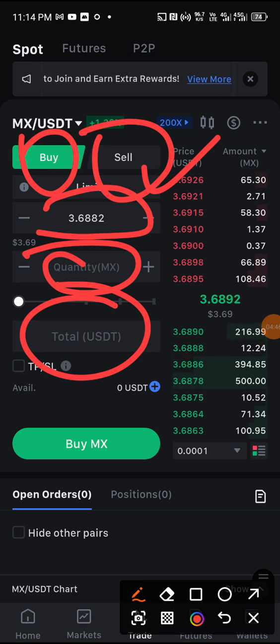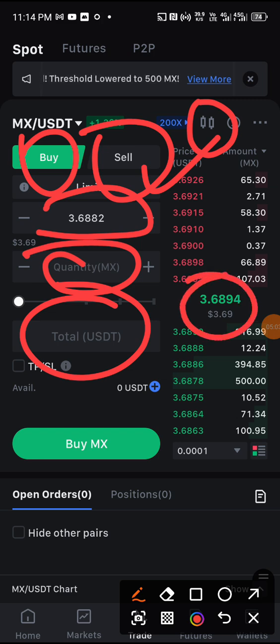If you want to see the candles, you can come to this place to check the candles. The candles show you the ups and downs of the particular coin. Remember, this is the current rate. Let's look at it carefully.